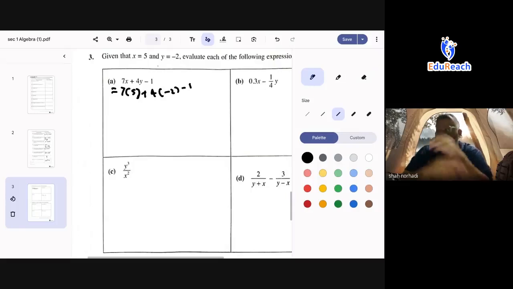All right. So at this stage, you know that you have substituted the right values. Then you can just use your calculator to find the answer, which is permitted.